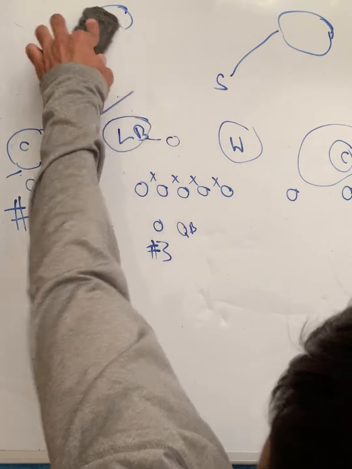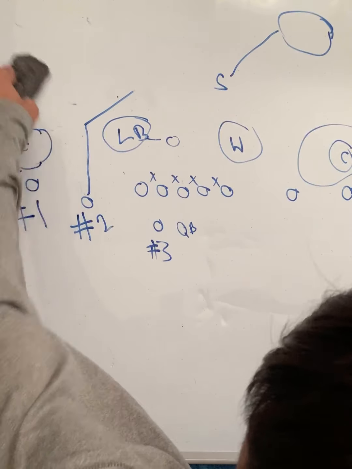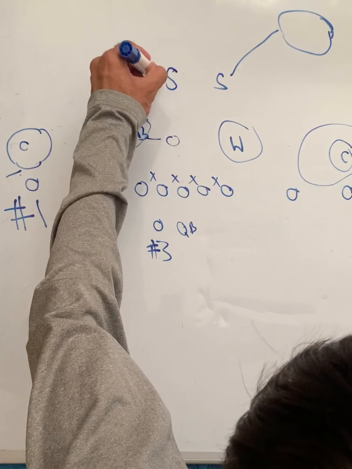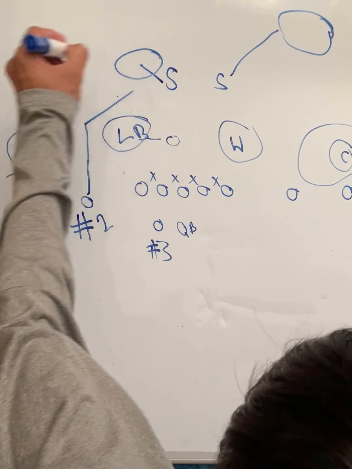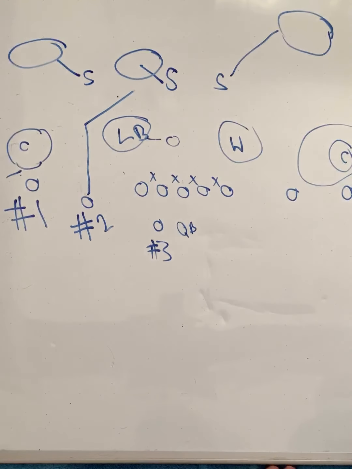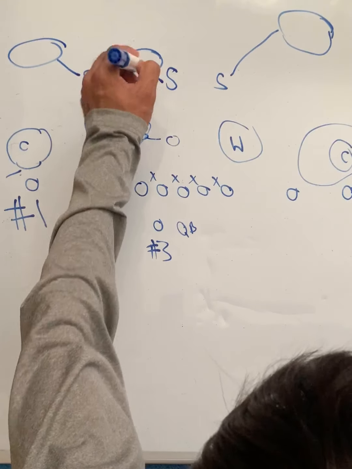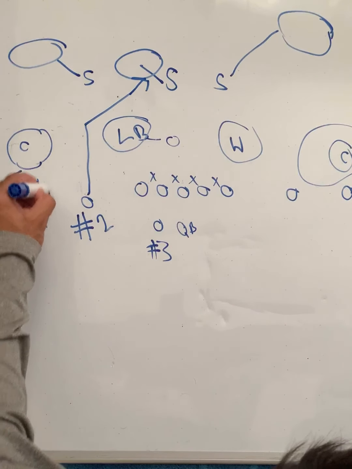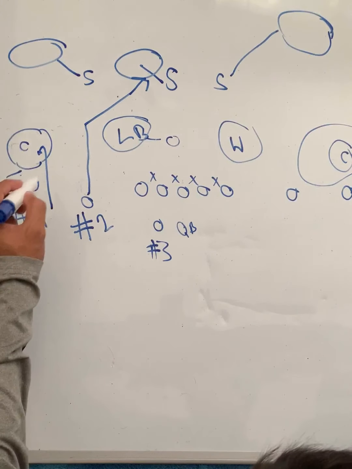Probably better to see it this way, right? Okay, so yeah, let's say this post goes inside, the safety's got him right there. Let's say number 1, he runs a quick hitch, right? On the outside.